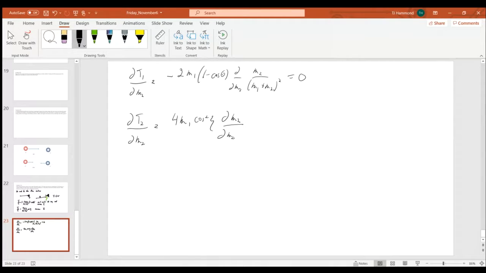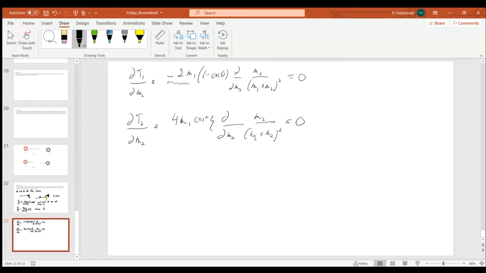Or we can have dT2 by dm2, and that's going to be 4 m1 cosine squared eta, d by dm2 of m2 over (m1 plus m2) squared. But this is also going to be an extremum, and as you know from chapter 6, whenever this is an extremum, this derivative is going to be 0. So either way, they're equal to 0.